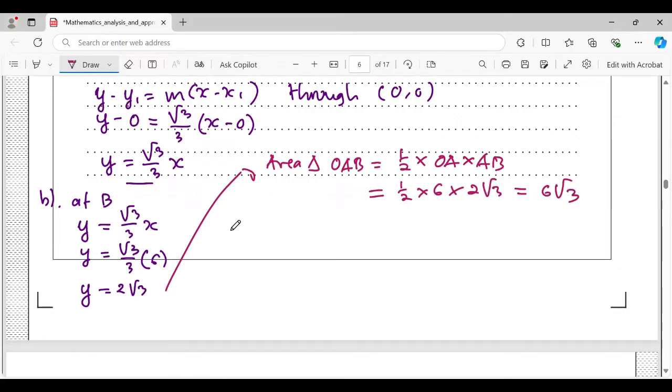So it means the area of the quadrilateral is 2 times 6 square root 3, and it is 12 square root 3.